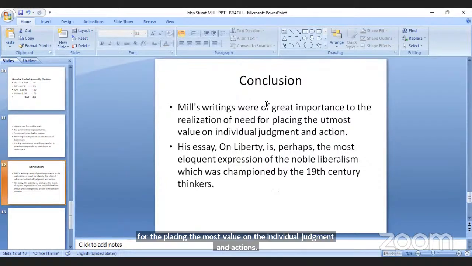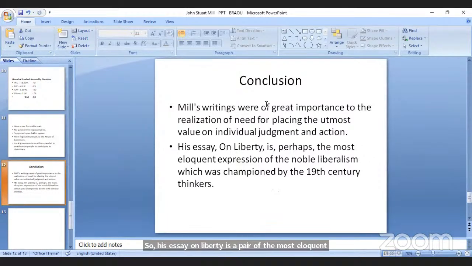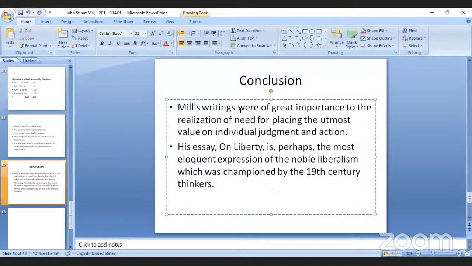His essay On Liberty is perhaps the most eloquent expression of the noble liberalism championed by 19th century thinkers. So this is about J.S. Mill.